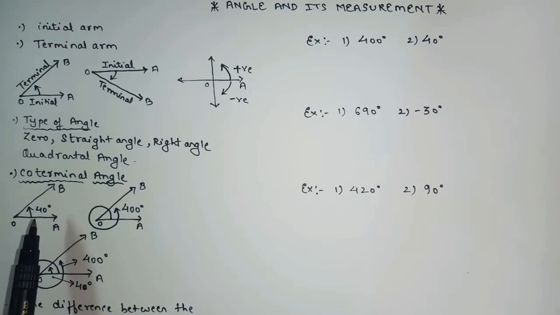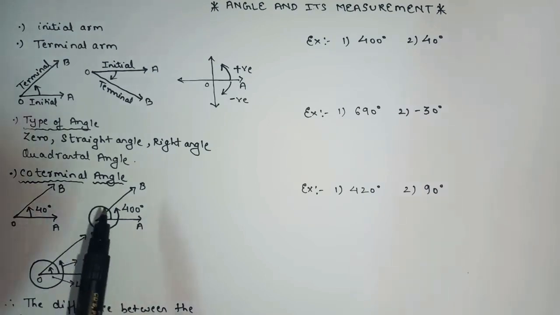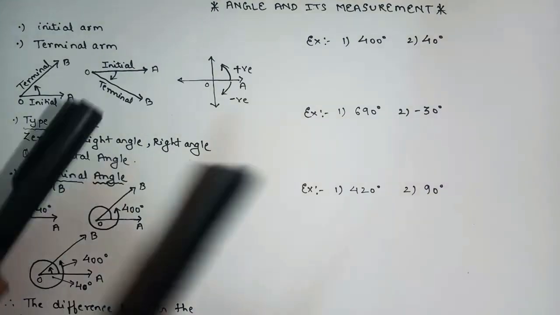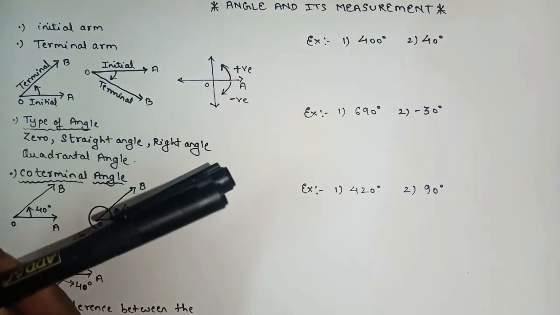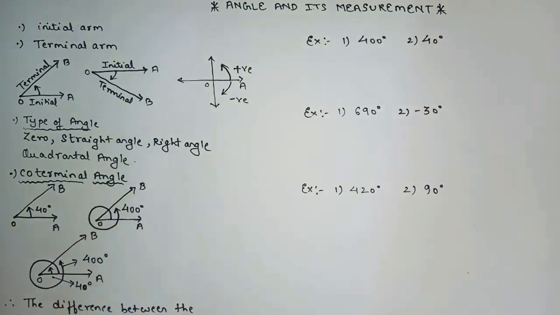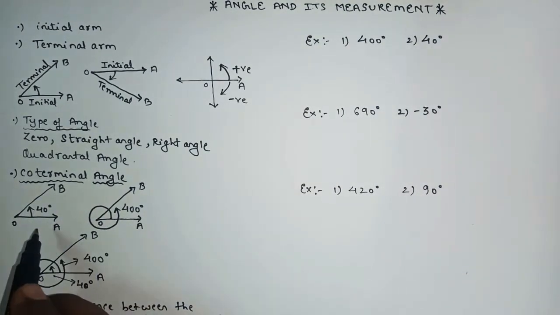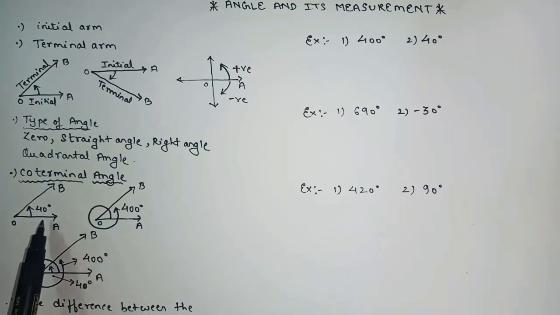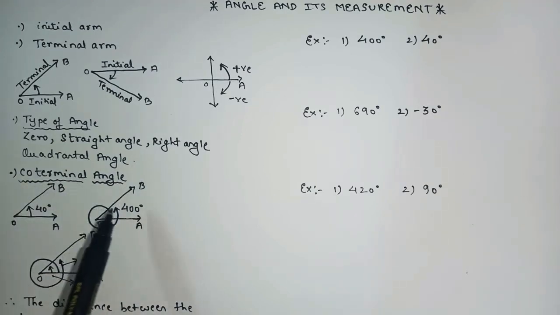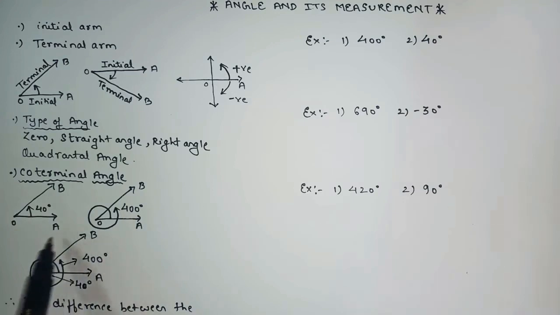Suppose we can place one angle on another, as you can see in this diagram, in such a way that their initial arms, this is the initial arm and this is the terminal arm, and the terminal arms of both coincide with each other.